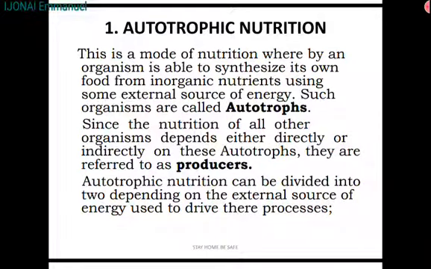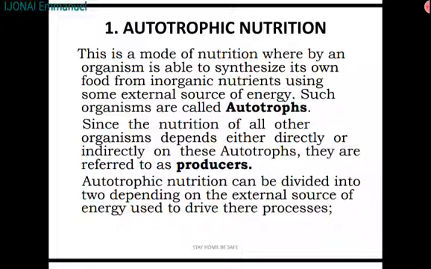This is a mode of nutrition whereby an organism is able to synthesize its own food from inorganic nutrients using some external source of energy. So these organisms are able to make their own food, but using energy from the environment, either light energy, or from chemical processes, what we call chemical energy.